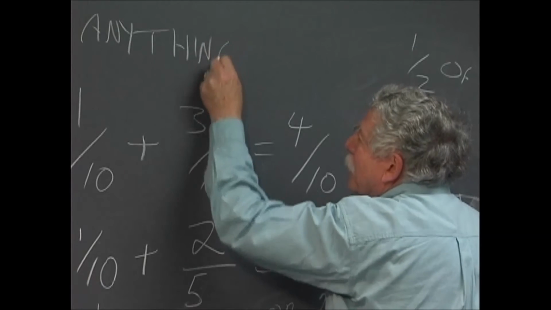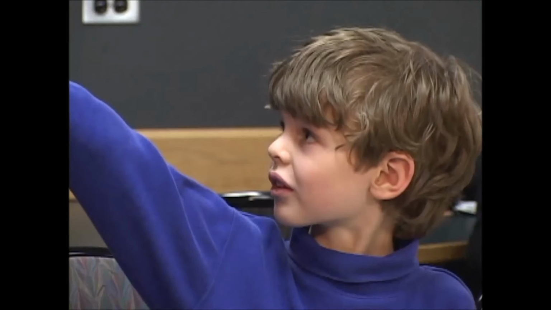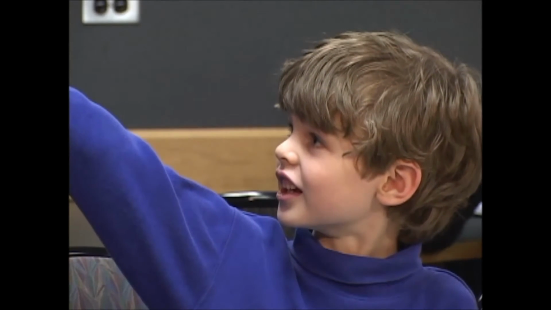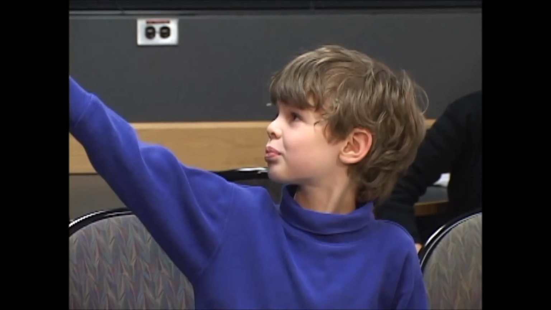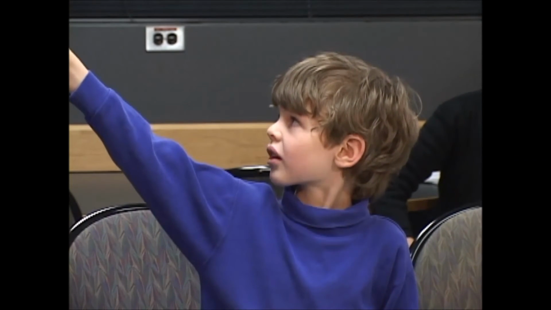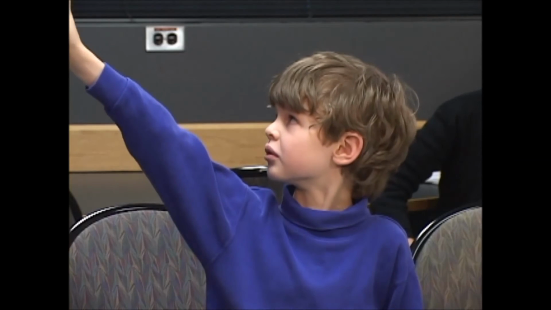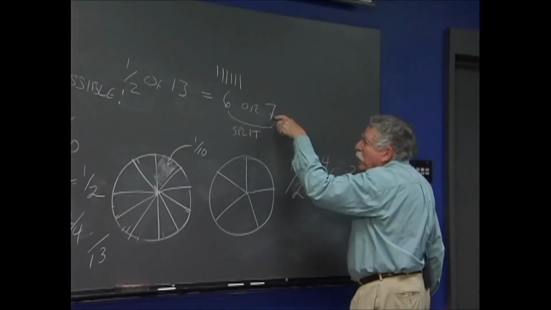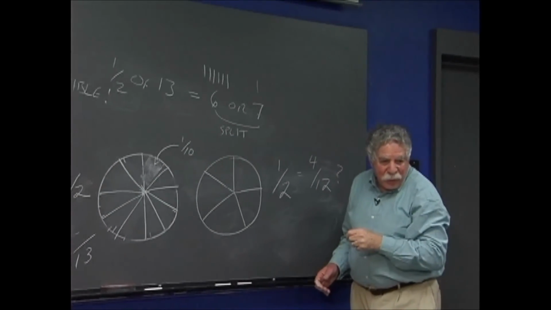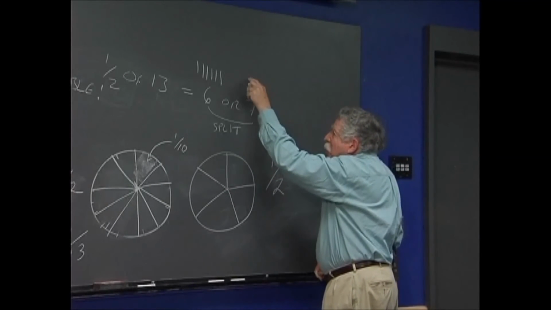Yeah. Right. We could split one of the ones in half. Yeah, go ahead, Nathan. One of the ones in the 7, and then we'll split one of the ones in the 7 and share it between. Oh, that's a great idea. You take one of the ones in the 7 and split it in half.